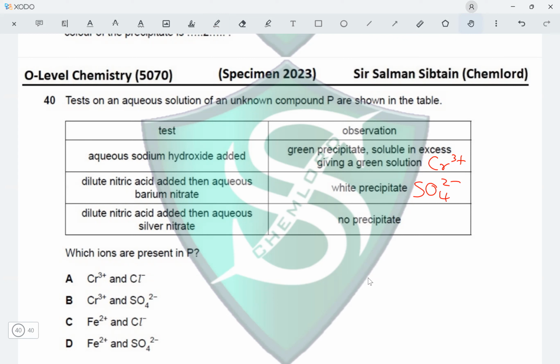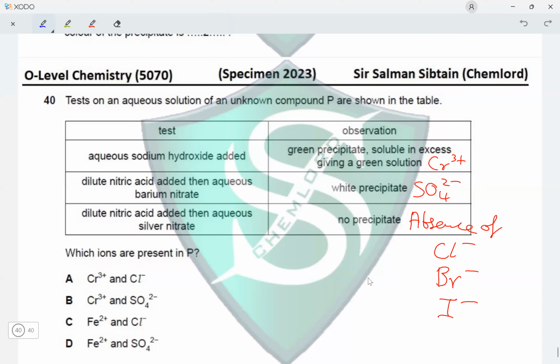Here, no precipitate forms, so this signifies the absence of chloride, bromide, and iodide ions in the unknown compound P.